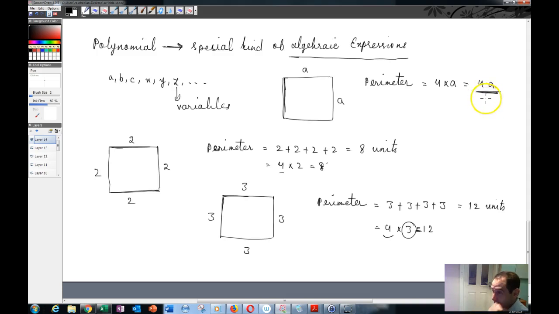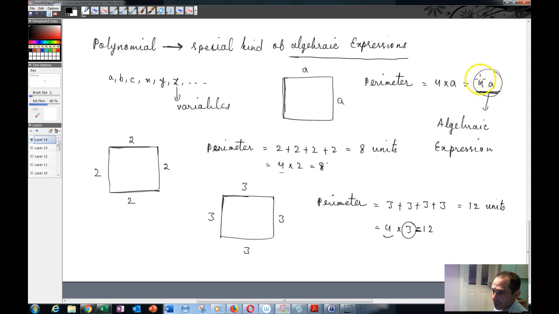Okay, so this 4A that you can see over here, you can call it an algebraic expression. Now, an algebraic expression can have different forms.